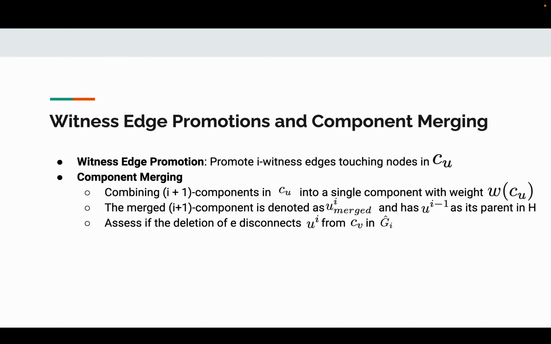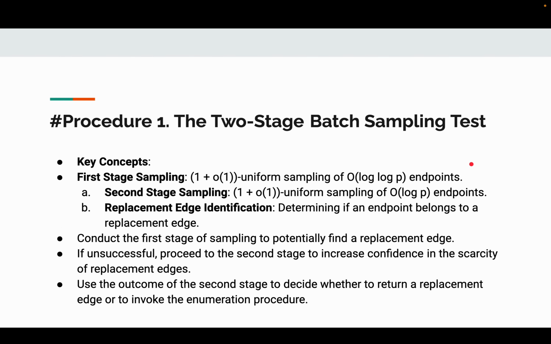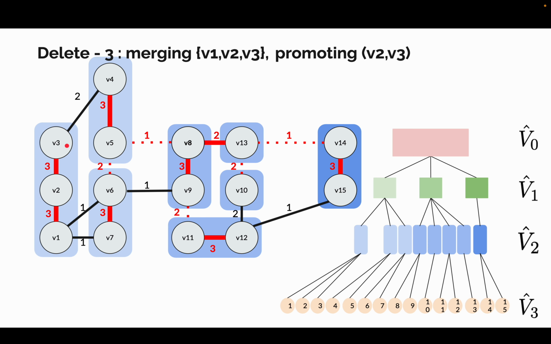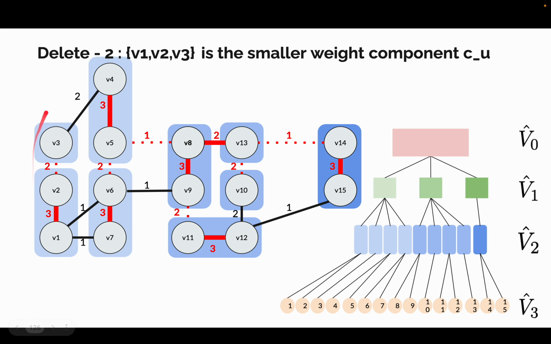And after merging, we need to promote here. We need to do edge promotion on all the edges touching nodes in CU. Within CU. So we know that here CU is this 3, right? So all the edges in the spanning tree touching CU is only this one, right?